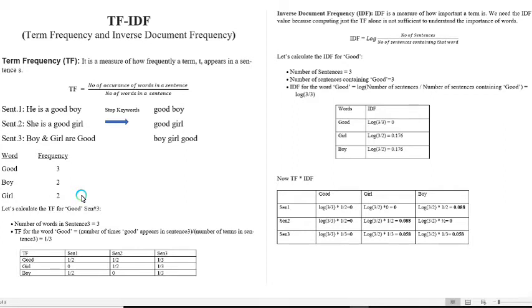So let's consider the word good. Let's find the TF value for the word good in sentence 3. The number of words in sentence 3 is 3 here. So according to the formula, the TF for the word good will be the number of times good appears in sentence 3 divided by the number of words in sentence 3.